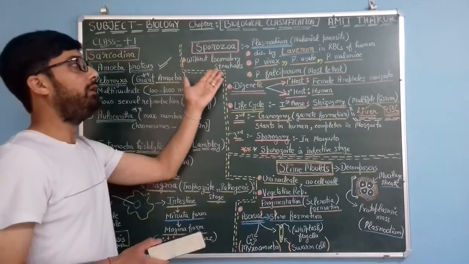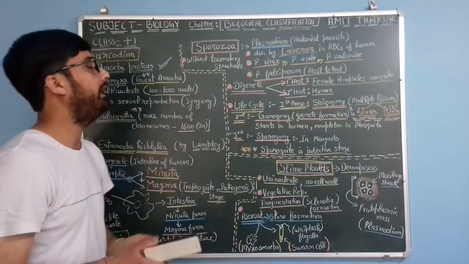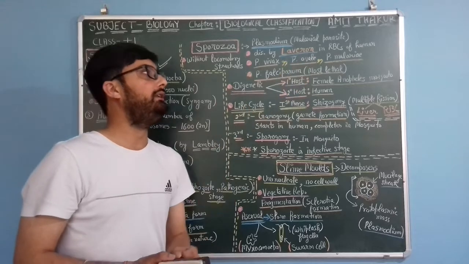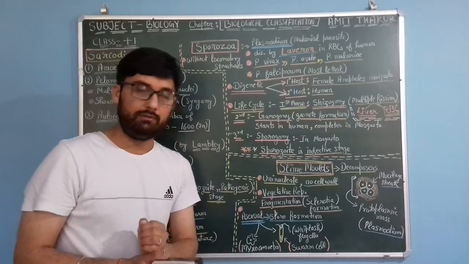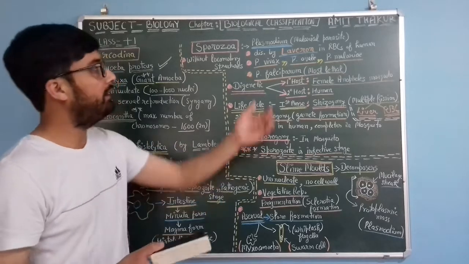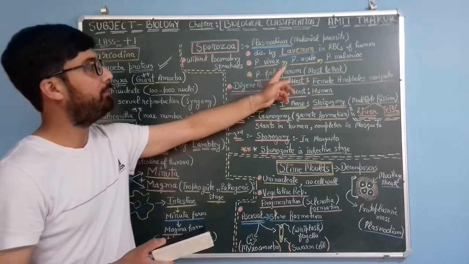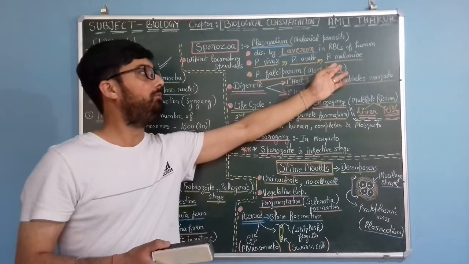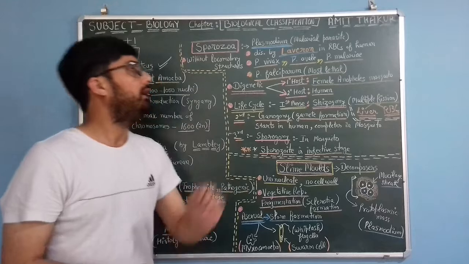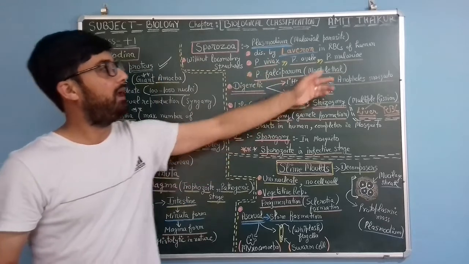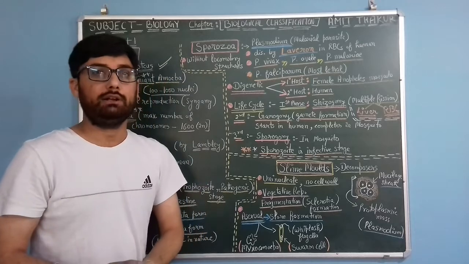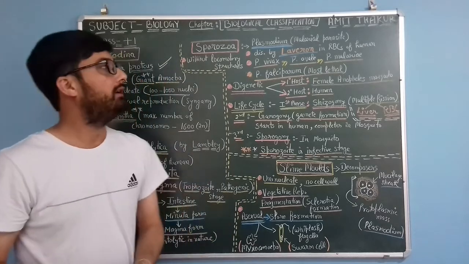It is without any locomotory structures. As I have told you, it was discovered by Laveran in the RBCs of humans. It has many different species, like Plasmodium vivax, Plasmodium ovale, Plasmodium malariae, and Plasmodium falciparum. Plasmodium malariae is very prominent in South Asian countries, including India.